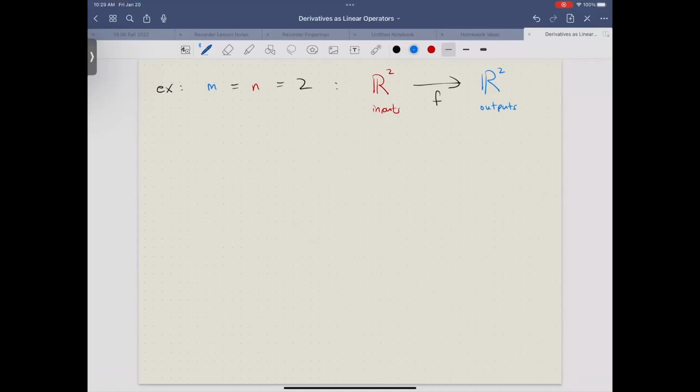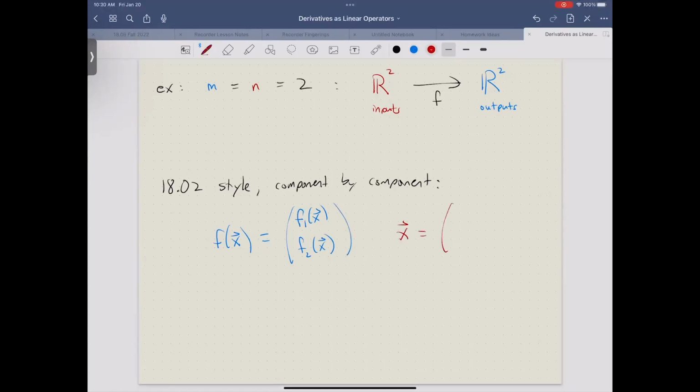So if we thought of this in 1802 style, component by component, then we have f of x, we can think of it as two functions, f1 of x and f2 of x, right? And x we can think of as two components, x1, x2.